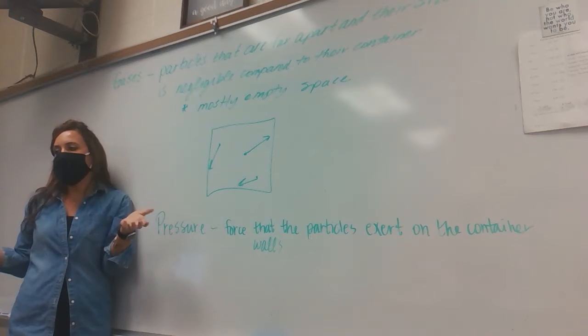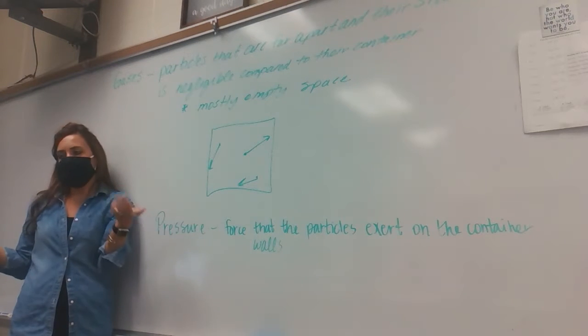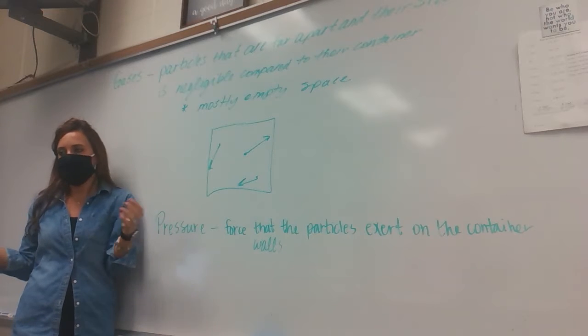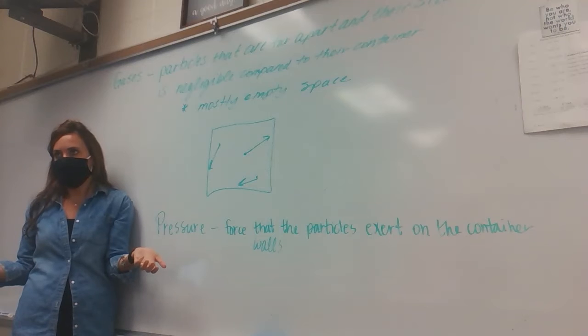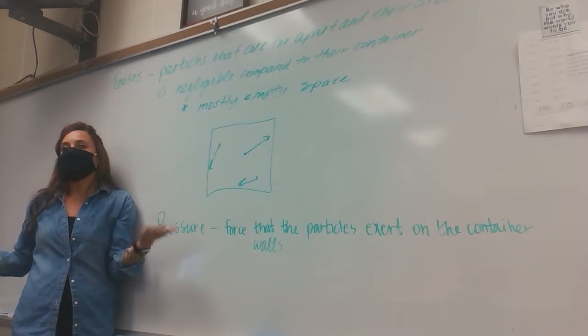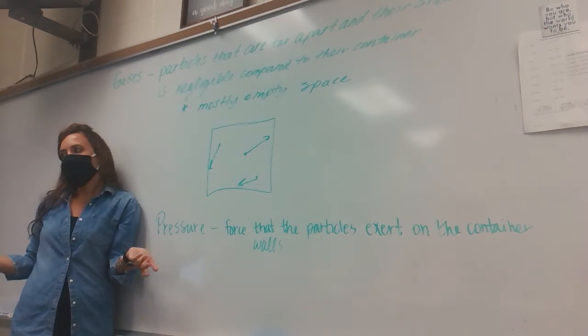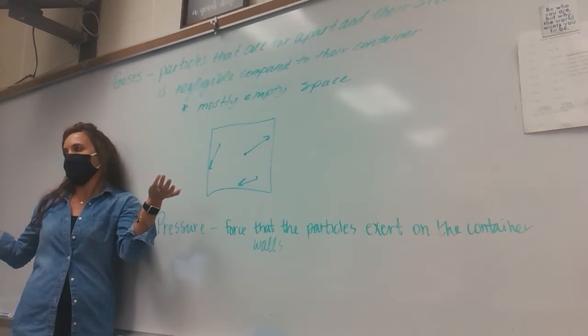The same thing happens with the gases in our atmosphere. So the gases around us, nitrogen, oxygen, carbon dioxide, they collide with us and they create pressure. It's called atmospheric pressure. If you're at sea level, which we're really close to sea level, you have the whole atmosphere on top of you.